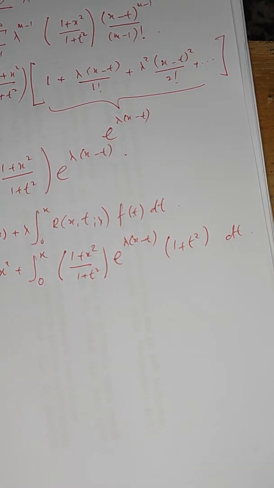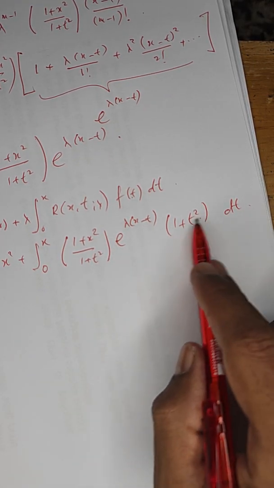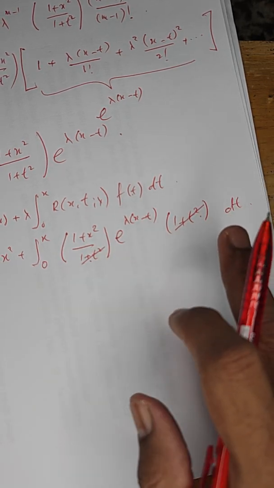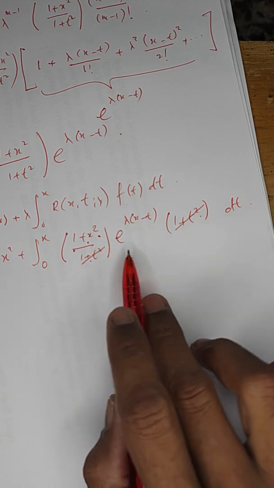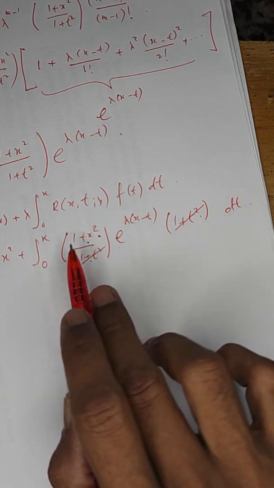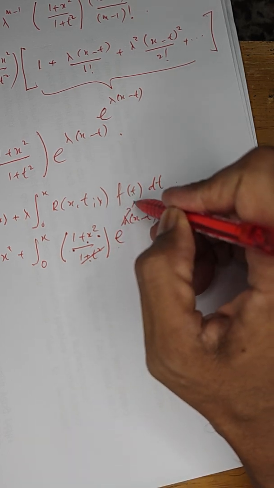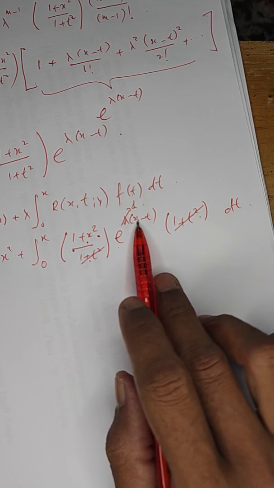Of course, from here you can solve this equation. I think I just leave it to you. Here the 1 + t² you can cancel out, not difficult. What is left is 1 + x², and then e^x you can take out, with λ equal to 1.